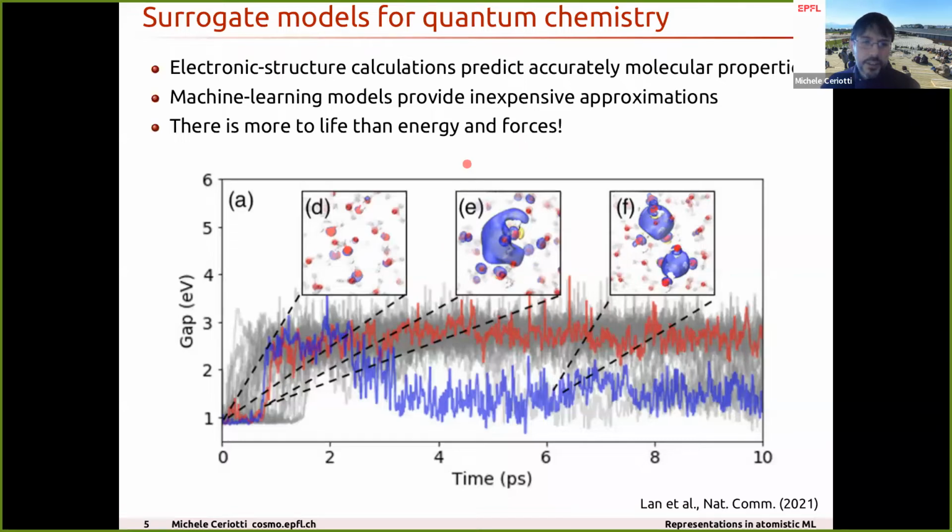Here I'm giving as an example the electron spin distribution. This is a simulation of an electron injected in a box of water, which is relevant for a number of electrochemical processes and radiation damage. There are many processes for which this is an interesting problem.